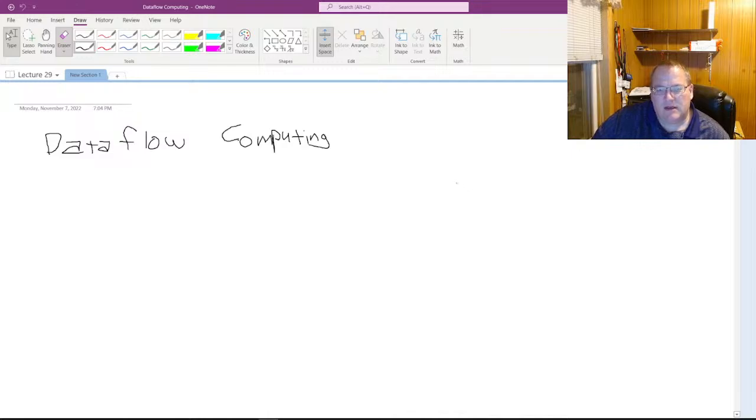So a squared plus b squared equals c squared. And you can rewrite this as c equal to the square root of a squared plus b squared.